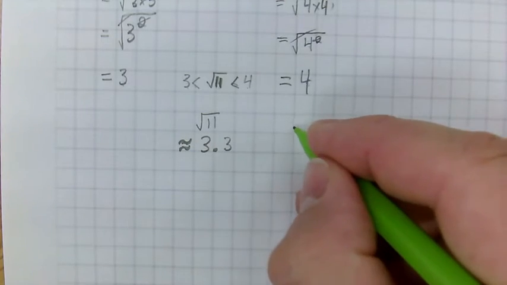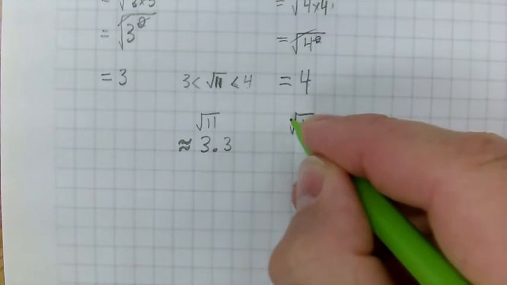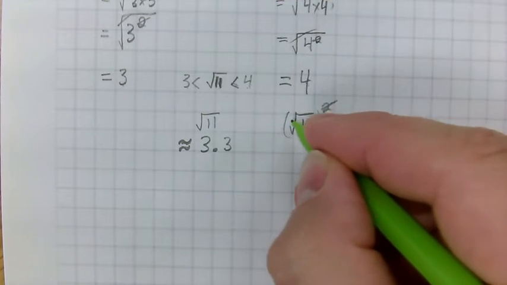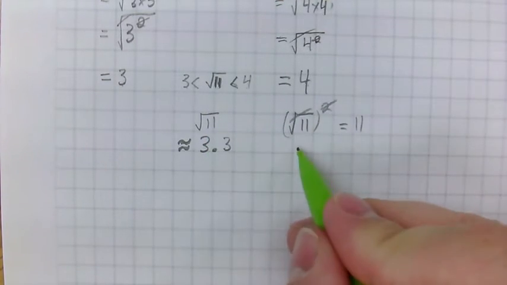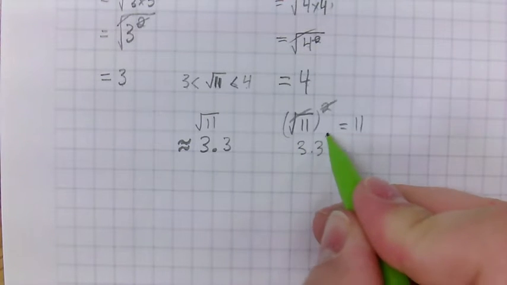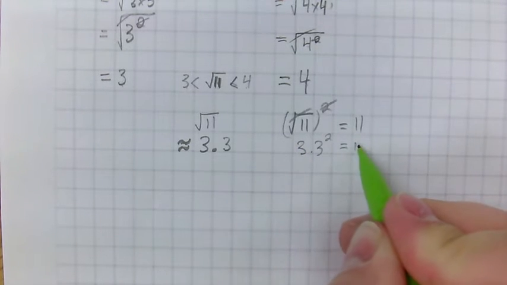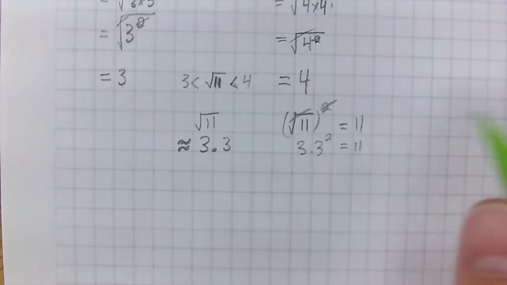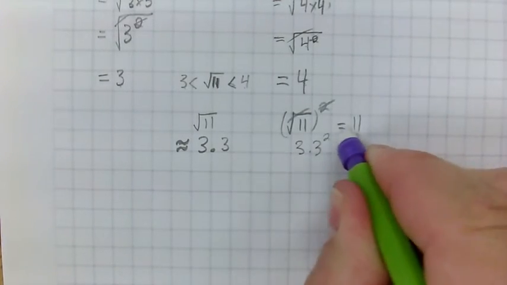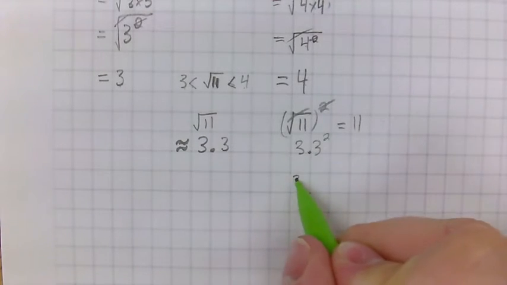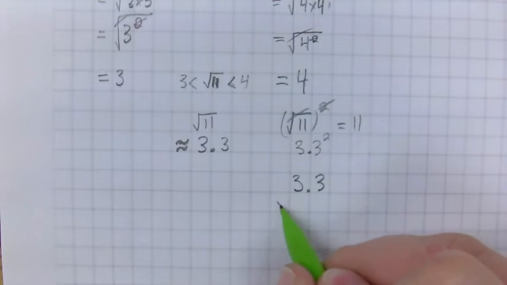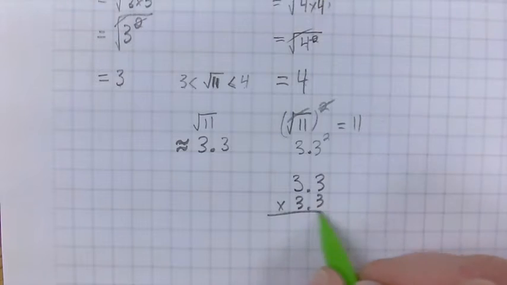We know that the square root of 11 squared, these cancel out and we're left with 11, right? So if these are equal, then if we take 3.3 and square it, we should get 11, right? If this is true. But let's see what we actually get. Let's take our 3.3 and square it. In other words, we're going to do 3.3 times 3.3.